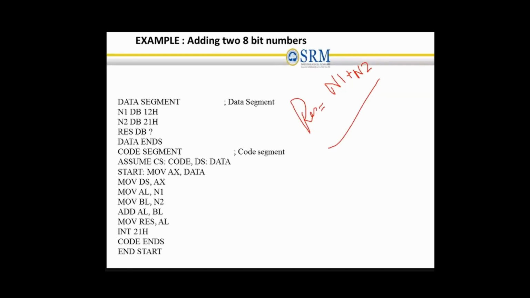After assigning, the third thing is performing the addition operation, result equal to N1 plus N2. Finally, you will print the result on the screen.